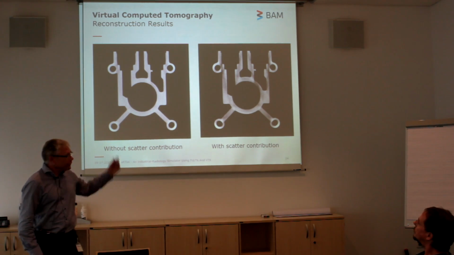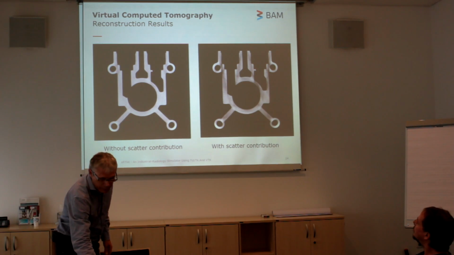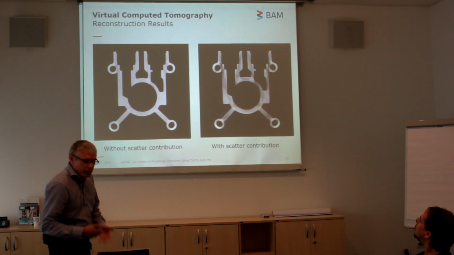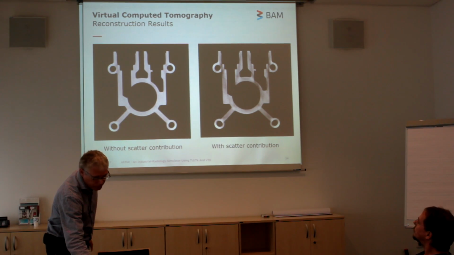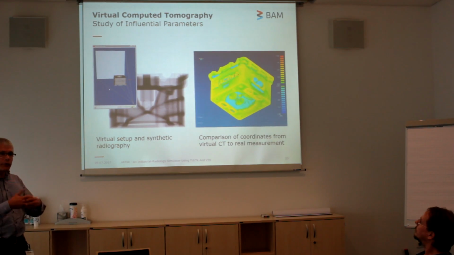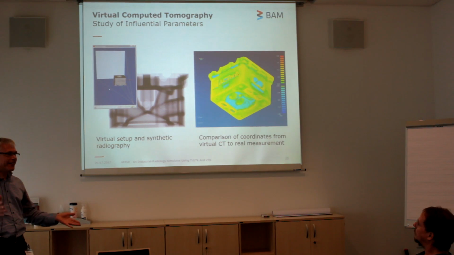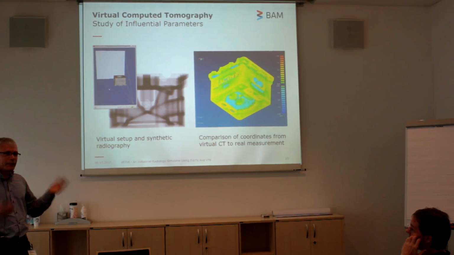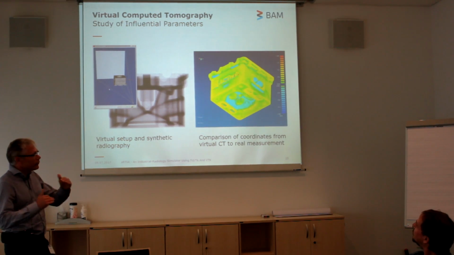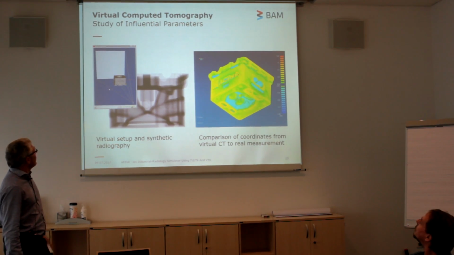And with scatter radiation, of course, that becomes clearer, that there are influences by this extra radiation. So here the simulation is a good tool to study these influences, because in reality, with your X-ray machine, you can't distinguish between scattered and direct radiation. But only in simulation you have the chance to distinguish and to look at the differences in the image.